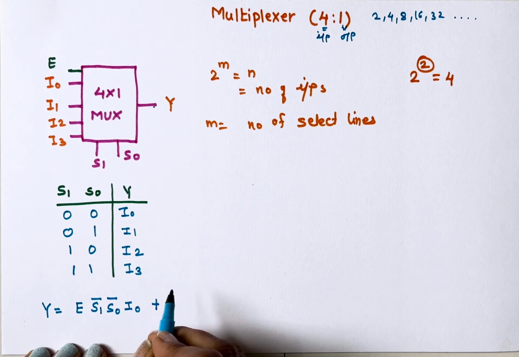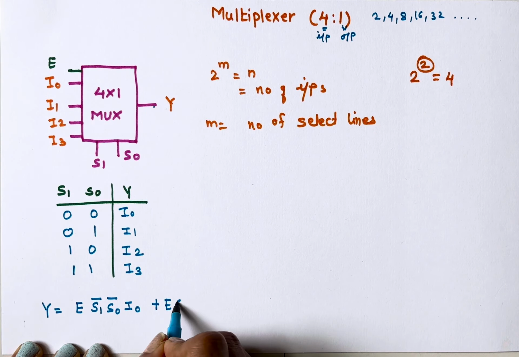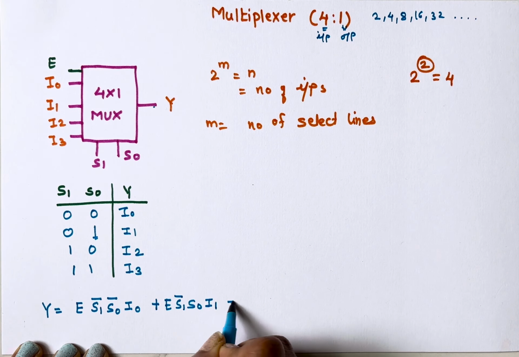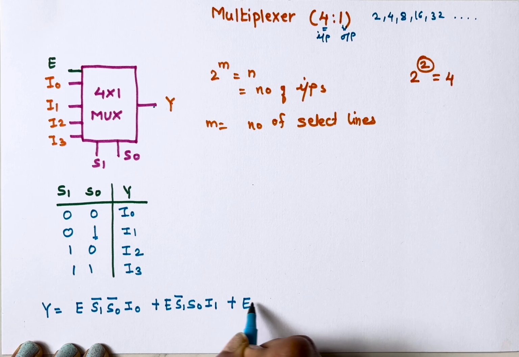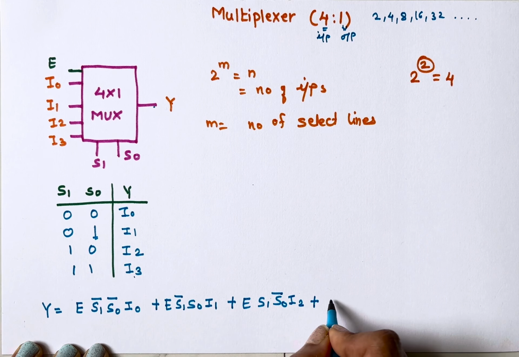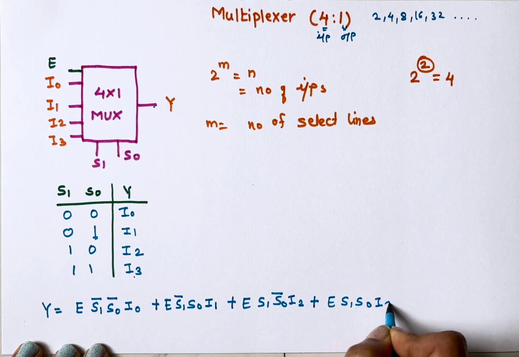Next for I1 it is E, of course present there, S1 bar, S0, because now there is no bar, into I1 plus enable S1 S0 bar I2 plus for I3 enable S1 S0 into I3.